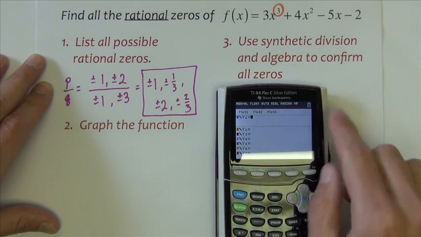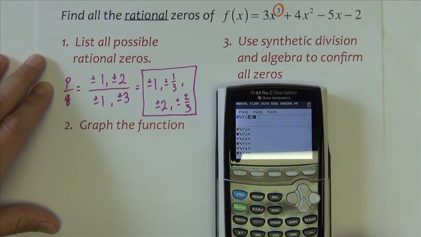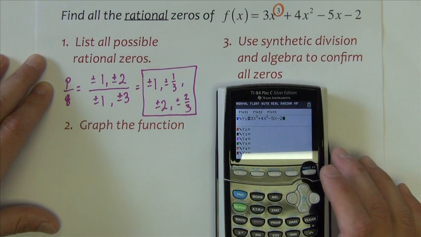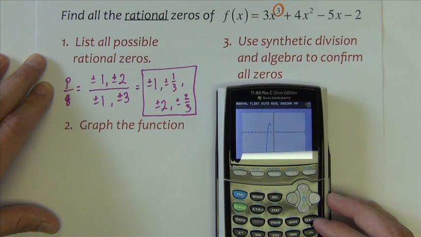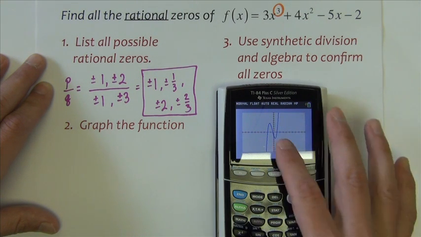The graph of the function is going to help me narrow down my possibilities. Okay, so I'm going to type in this function. Oops, and you do the same. Okay, I can see it being drawn right there.